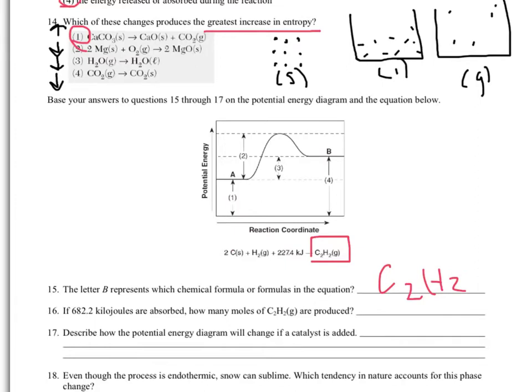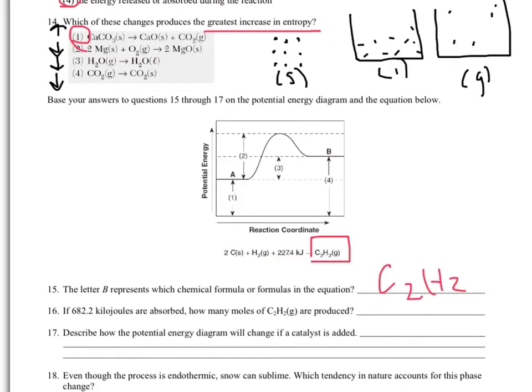In question number 16, they ask if 682.2 kilojoules is absorbed, how many moles of ethene is produced? So in this case, we're asked for moles and we're given a chemical equation. So this is a stoichiometry problem. This is great review.